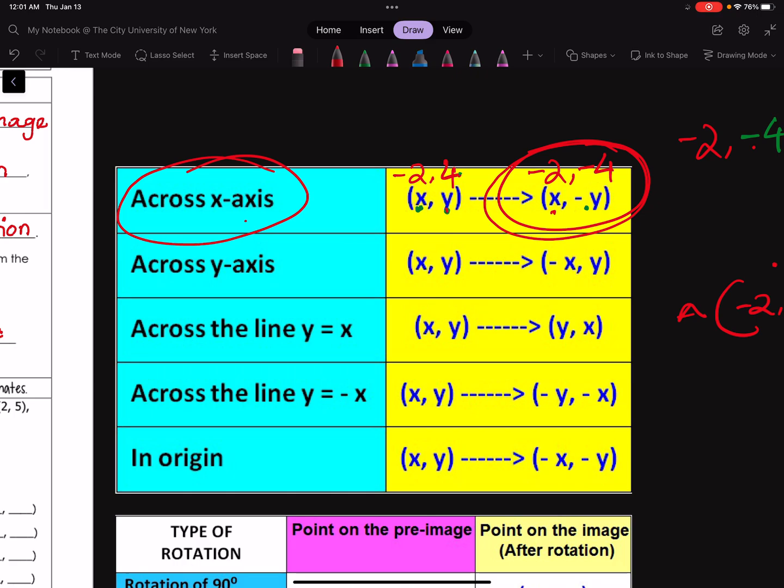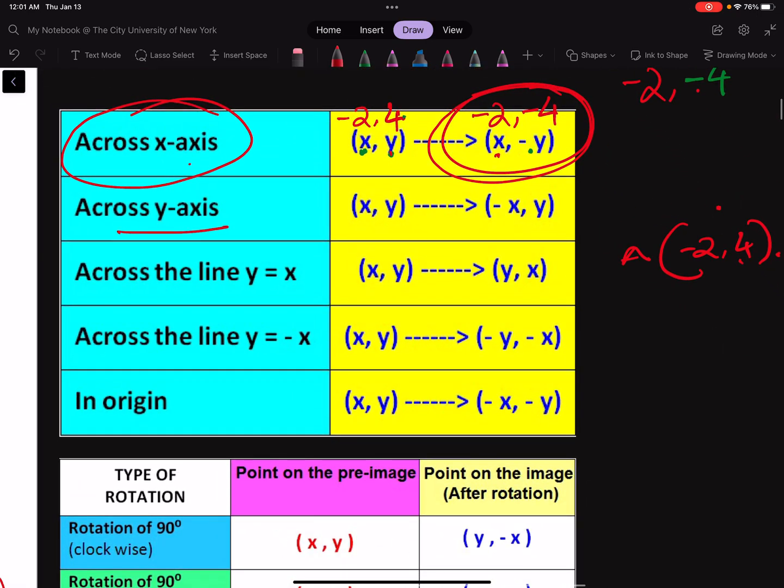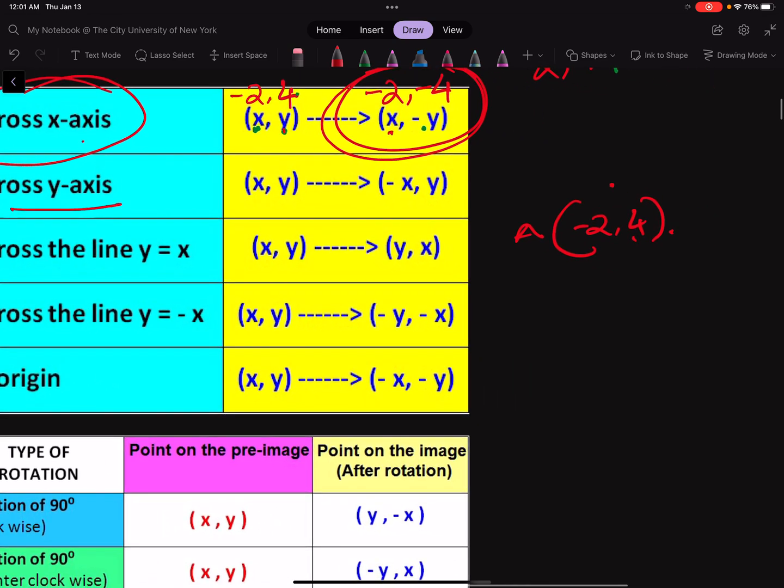And then let's say reflection through the y-axis. Say I give you a point like (3, -4). Let's say that's a point P. Once reflected through the y-axis, what happens? Your x takes a negative.